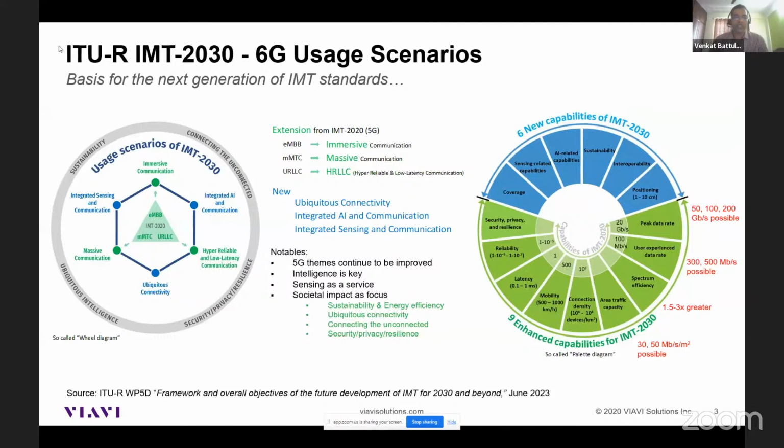Okay, then ubiquitous connectivity. So the current wireless talks a lot about 5G, and we all know in practicality what kind of connection experience we all get.